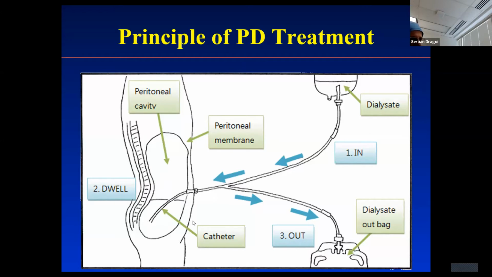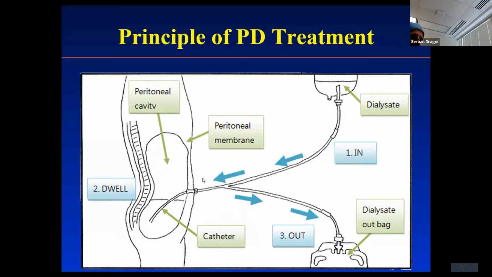This is stage 2, dwell for usually 3 to 4 hours, and then it's drained out. Infusion takes about 7 to 10 minutes, and about 15 to 20 minutes to drain out, a little bit slower. That's under normal circumstances. Constipation makes these processes much slower, both infusion and drainage.